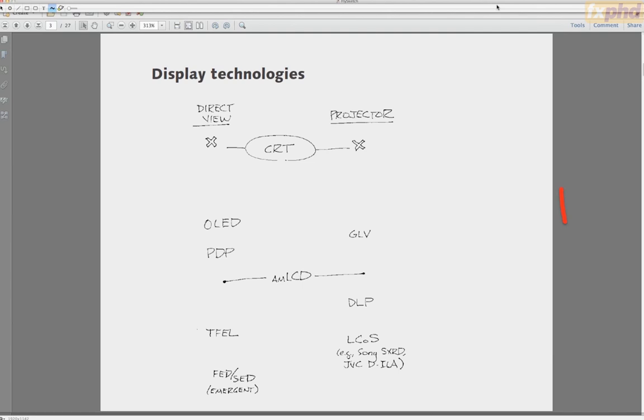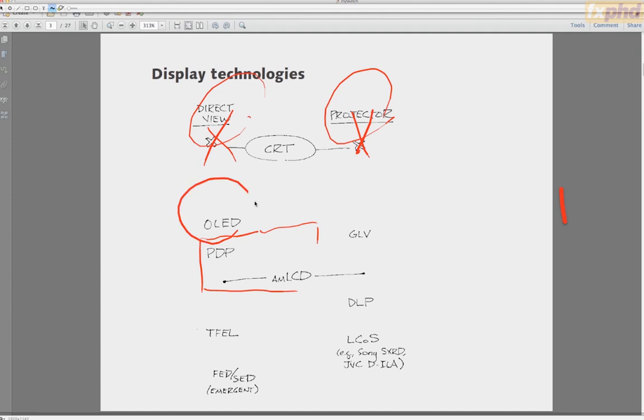So in terms of display technologies, we've got direct view and projector technologies. CRT is now gone in both places. For direct view, plasma and AMLCD are in the mainstream. OLED is very interesting.